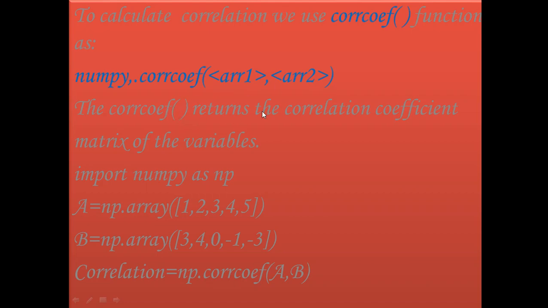The corrcoef returns the correlation coefficient matrix of the variables. Matrix means a 2D array. So it will return the result in the form of a 2D array. You need to keep in mind that it will return the result as a 2D array. Clear? When we do it practically, it will be clear to you.